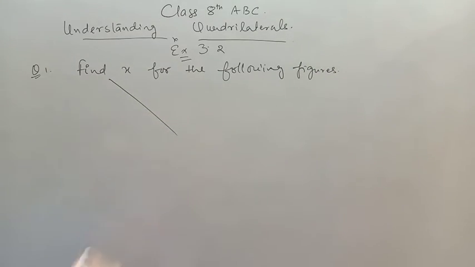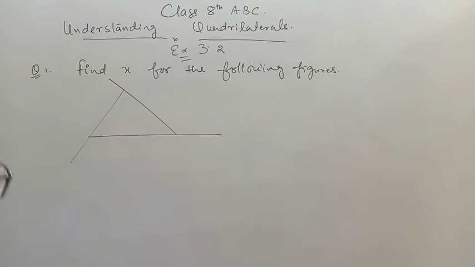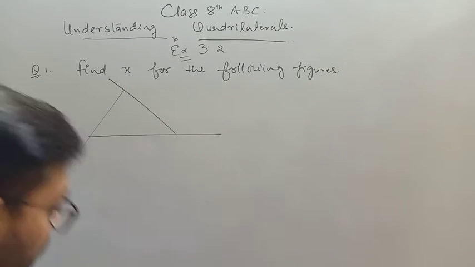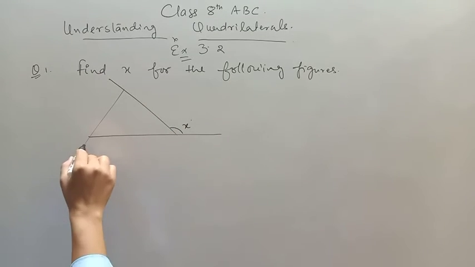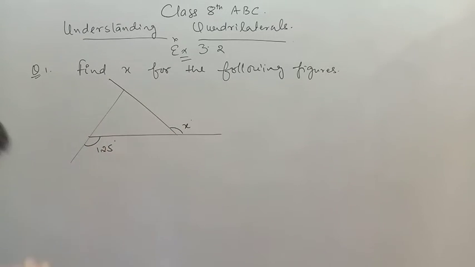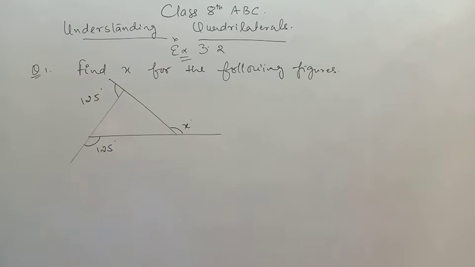The first figure is given to you. This value is x degrees, this angle is 125 degrees, and this angle is again 125 degrees. Now what is common in all these angles is that all these 3 angles are exterior angles, right? Why am I saying exterior?